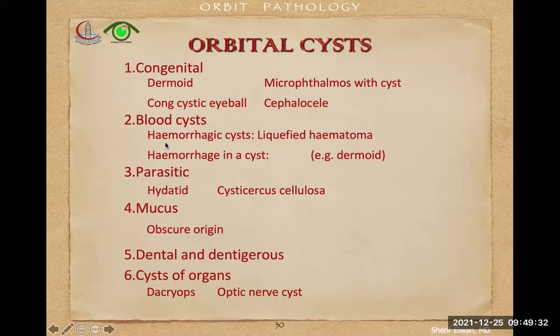The first is hemorrhagic cysts, and the second is hemorrhage in a cyst. To know the difference in pathology, whatever cyst might get hemorrhage inside it, leading to hemorrhage in a cyst, like a dermoid or even a hemangioma, might get a hemorrhage inside it and become encysted.